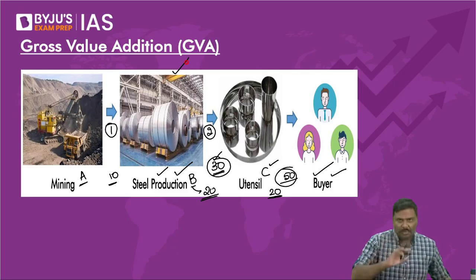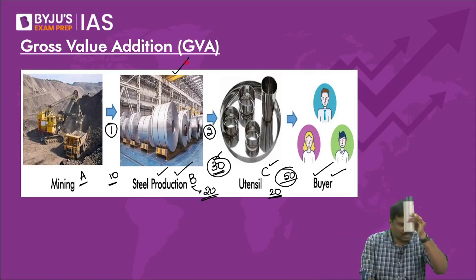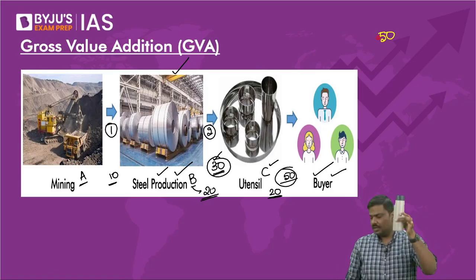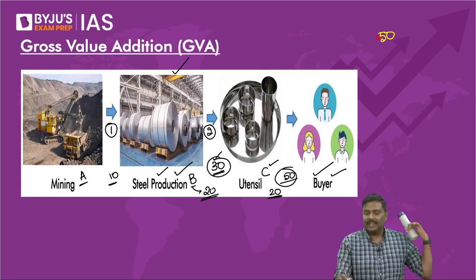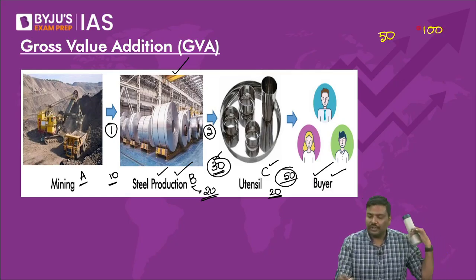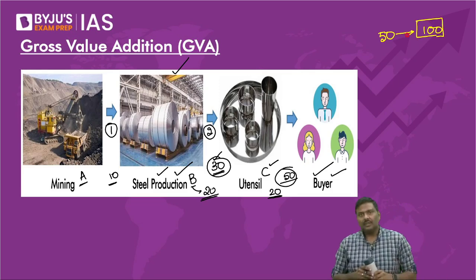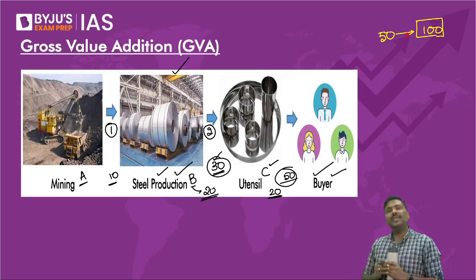Now the problem is, let's take a simple example. Imagine you purchased steel worth 50 rupees. You manufacture the bottle and sell the bottle in the market at 100 rupees. Now don't you think out of 100 rupees, you have already counted the value of the steel? When you decide to sell it at 100, you have already counted the 50 rupees.